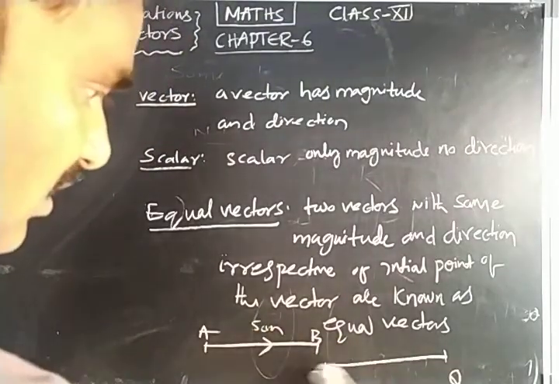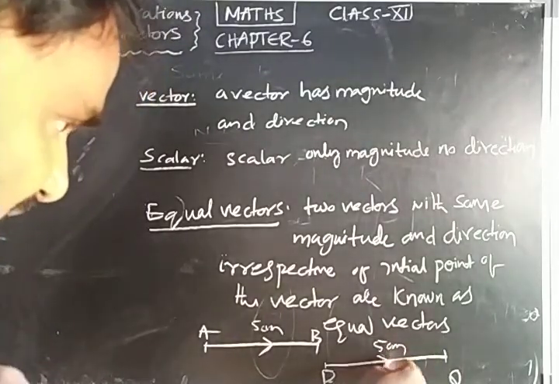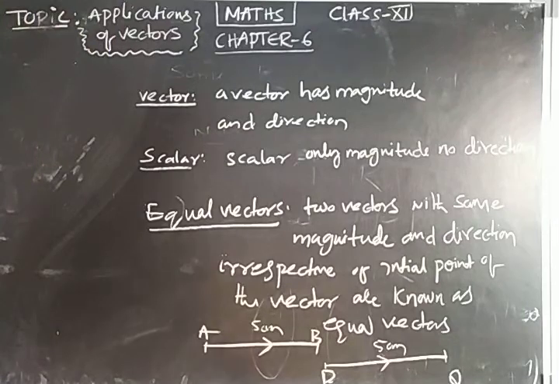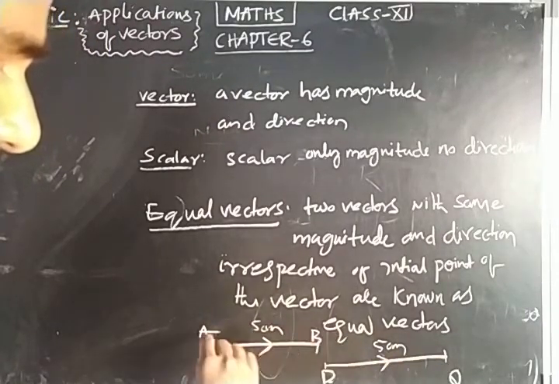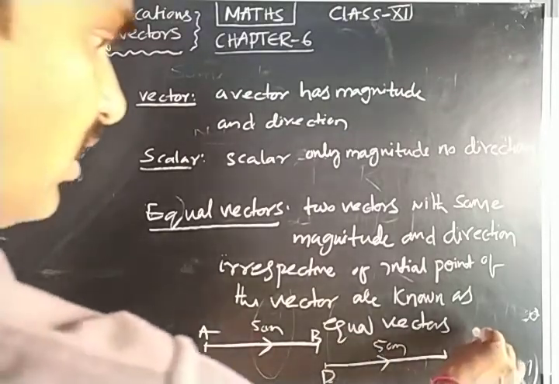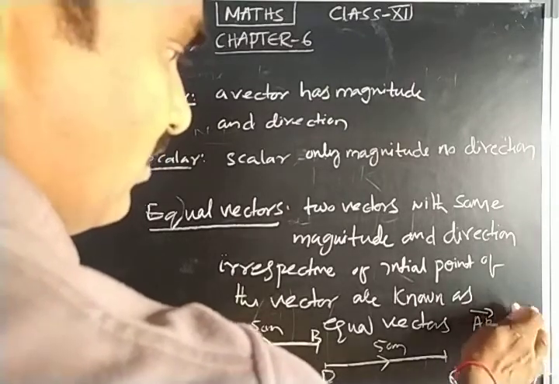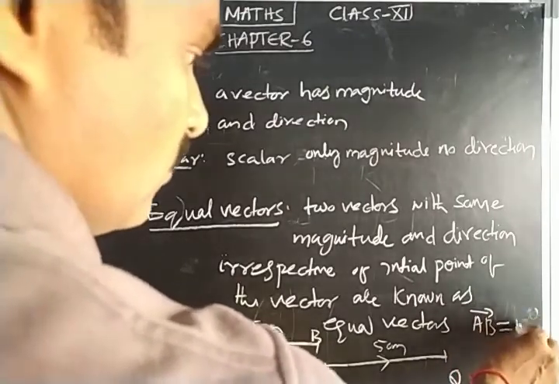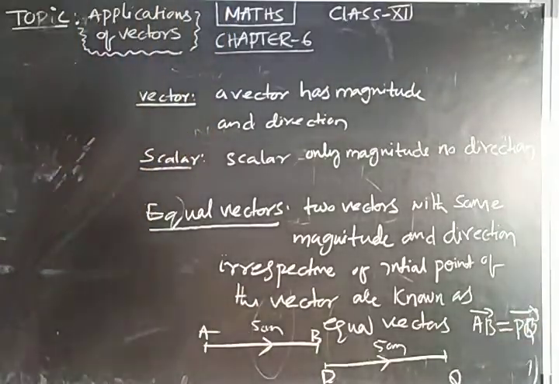Then PQ vector has the length of 5 centimeters, same magnitude, direction from P to Q. So AB has the same magnitude, PQ has the same magnitude, and the direction is from left to right. Here P Q also from left to right. So we can conclude that vector AB is equal to vector PQ, they are equal vectors. Okay, these are called two equal vectors.